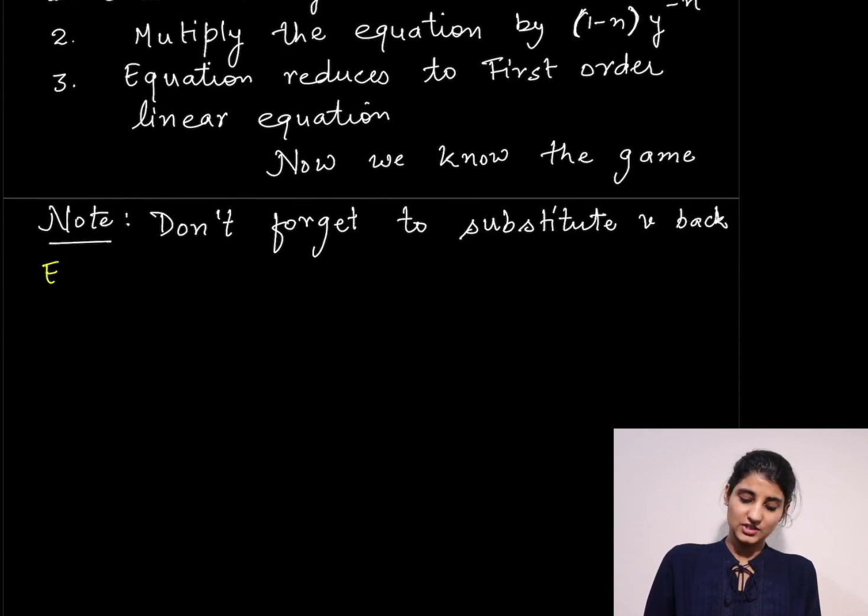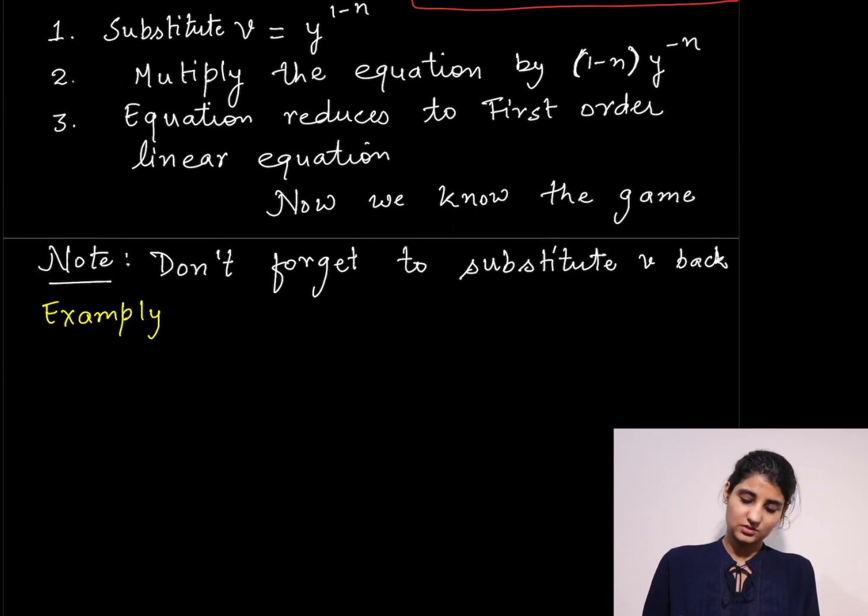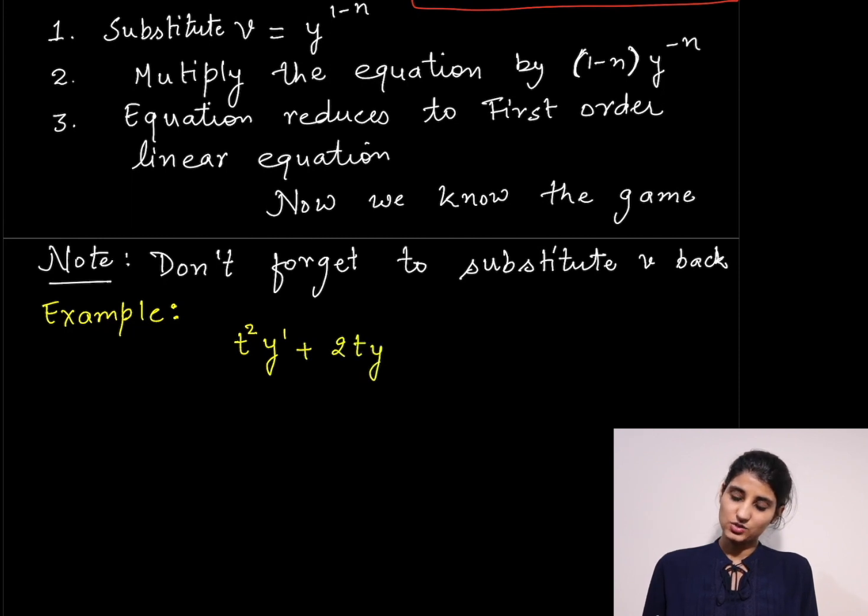So the first example is, say, t squared y prime plus 2ty minus y cubed equal to 0, and we want to solve this ODE when t is greater than 0.